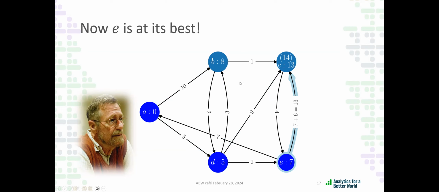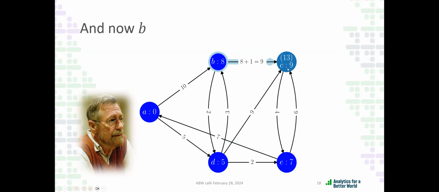But since there is yet another node with a lower number, I need to check it first, and I end up updating indeed my length of reaching C to 9, and the algorithm terminates now because I cannot find any improvement anymore, because all the nodes have been explored in this particular case, very small case.